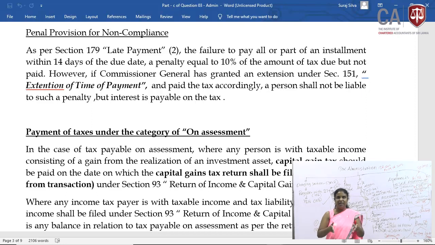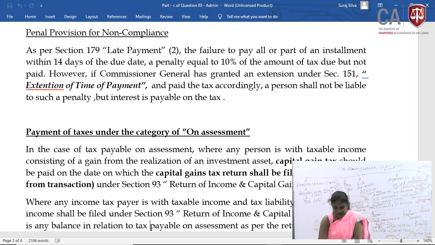For an example, now I will take a practical example. In 2021, we have just finished the 15th August, the first quarterly installment payment. Even taxpayers who didn't pay the tax can still make the payment within 14 days. That means till the 28th August, they can make the payment without penalty, but 1.5% interest is accruing.